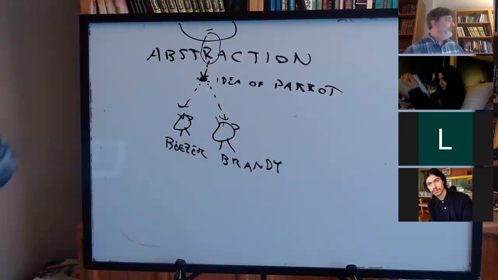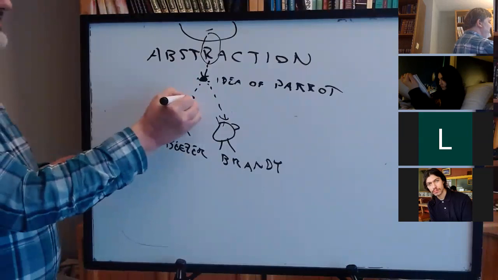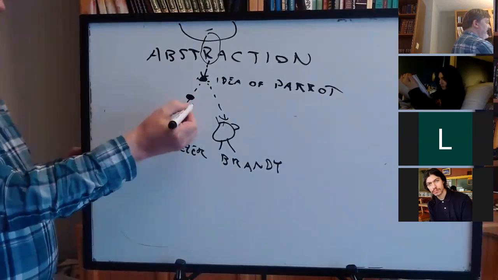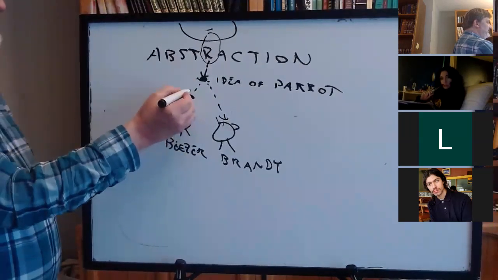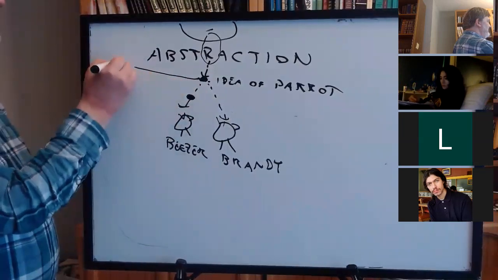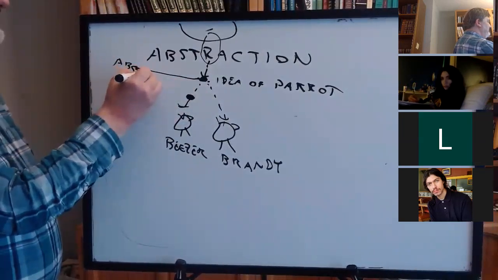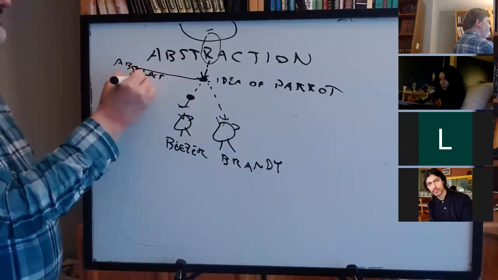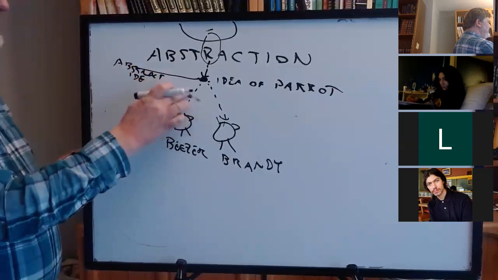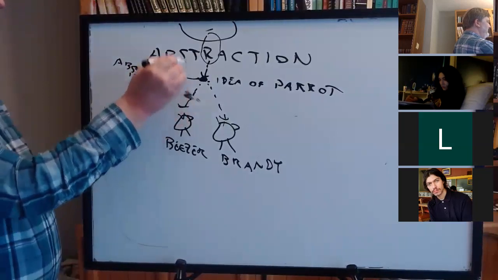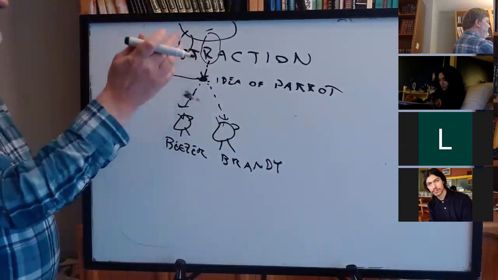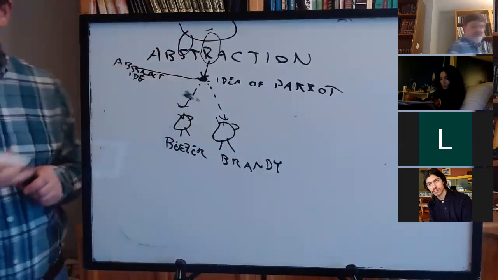So in order to form this abstract idea, I had to take some concrete idea, or as Locke calls it, particular. So this is an abstract idea. I shouldn't draw this on the same line. That's really confusing.